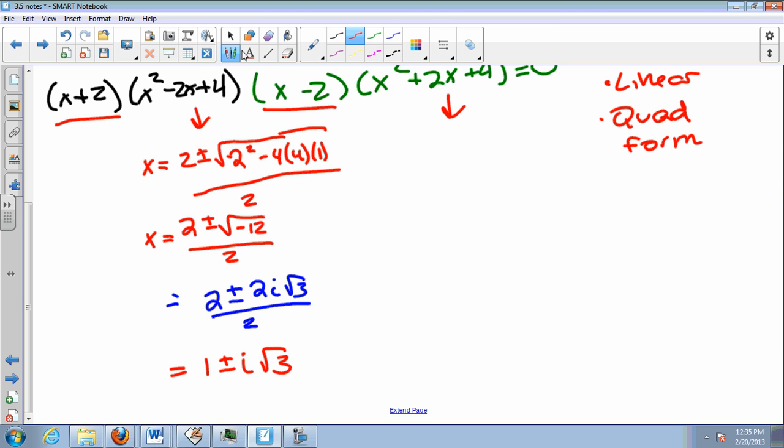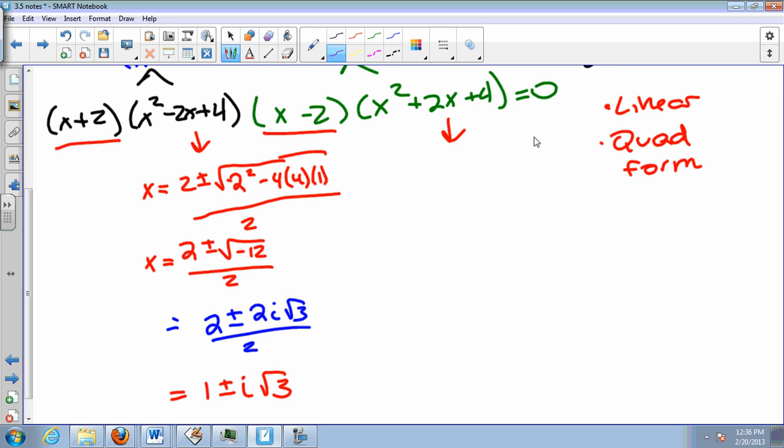So that gave us two more solutions. So we'll go back up to x squared plus 2x plus 4. x equals negative 2 plus or minus the square root of 2 squared minus 4 times 1 times 4, all over 2.